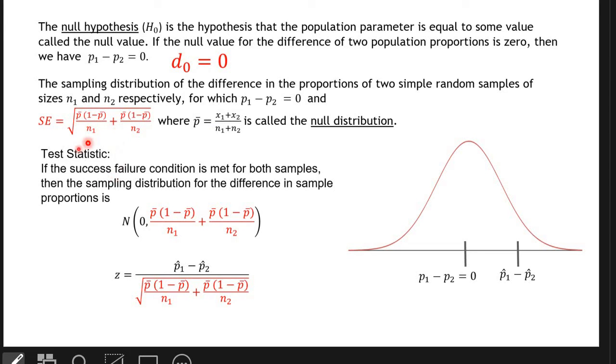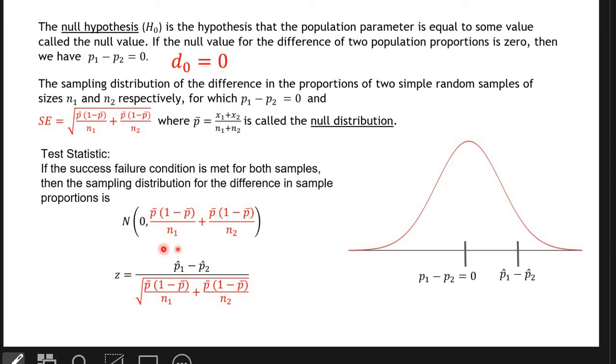So, to calculate the test statistic in this case, since we're saying that d null is equal to 0, that means the sampling distribution is centered at 0. So all the sample differences will be centered around 0. And the standard error is calculated using the pooled proportion this way.